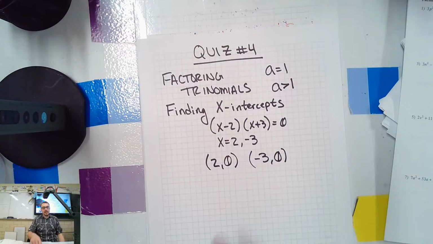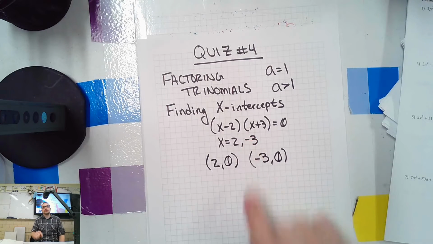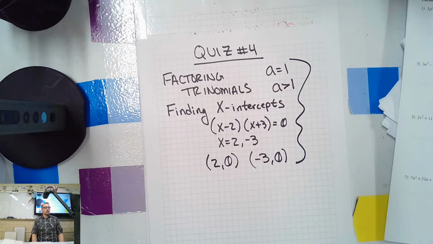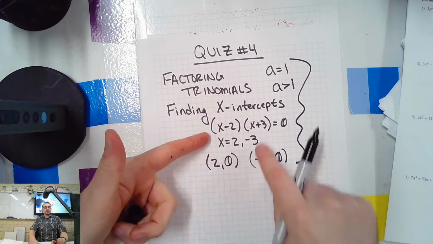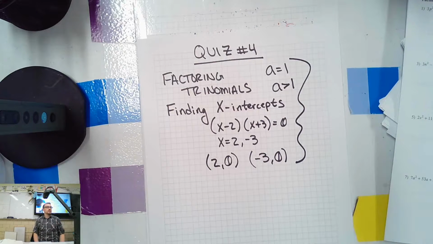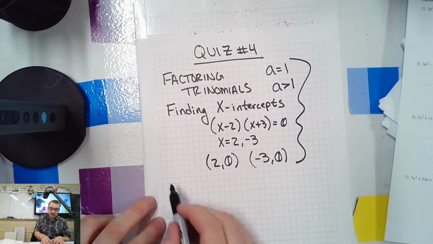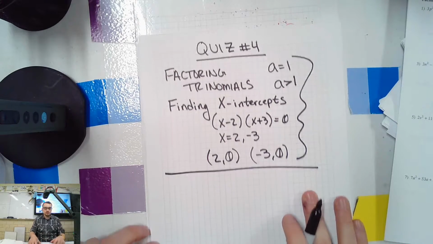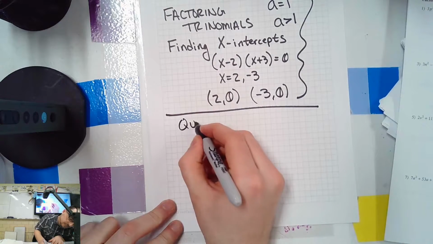Now, what if we can't factor it really nicely like this? Well, then quadratic formula, right? So you're going to do all of this together in one problem. I'll ask you to factor it, you'll get something like this, and then you'll tell me the x-intercepts. Now we're going to practice that more today. And then the other thing you've got to do is when you can't factor it, when it's just really garbage, quadratic formula.